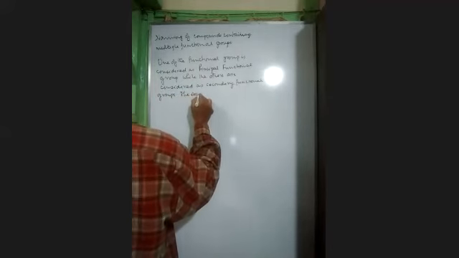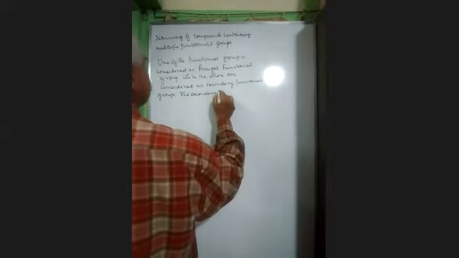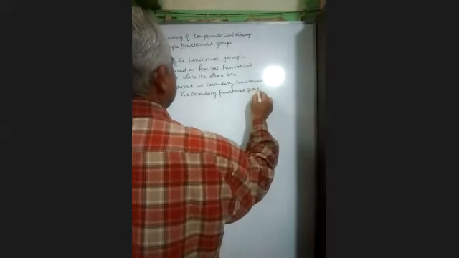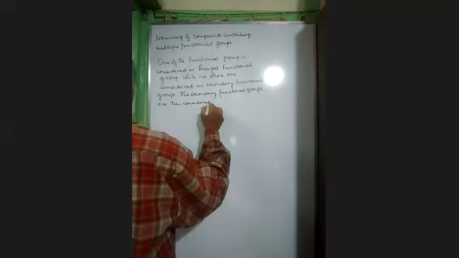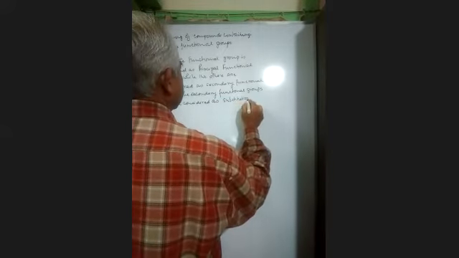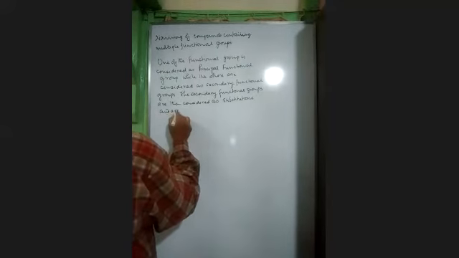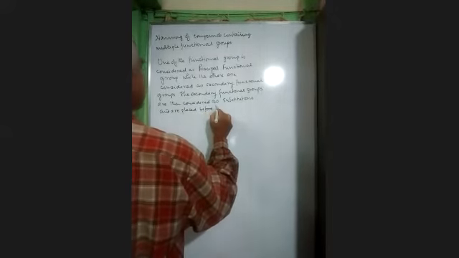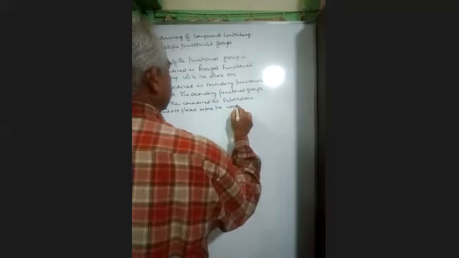The secondary functional groups are then considered as substitutions and are placed before the word root.